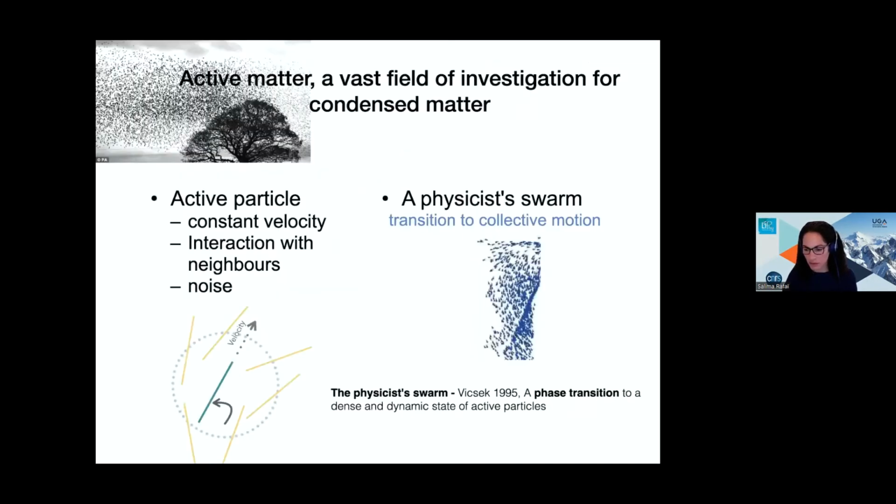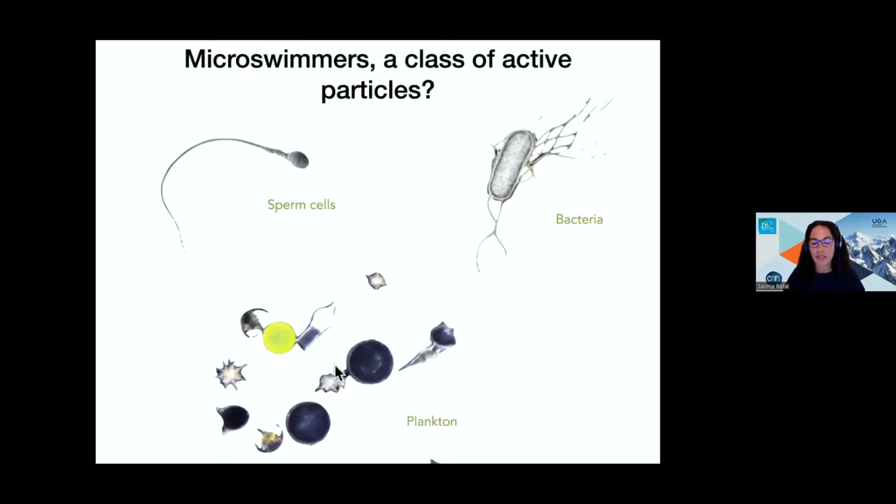A phase transition toward the dense and dynamic state of active particles. So when we look at this very simple model of alignment, again, we can imagine this kind of model of active particle would be universal and valid for many different systems.